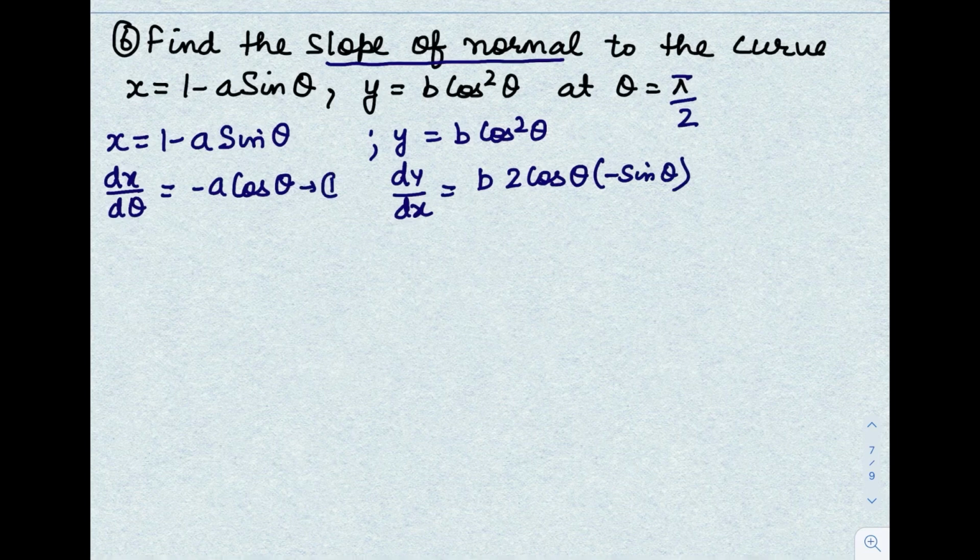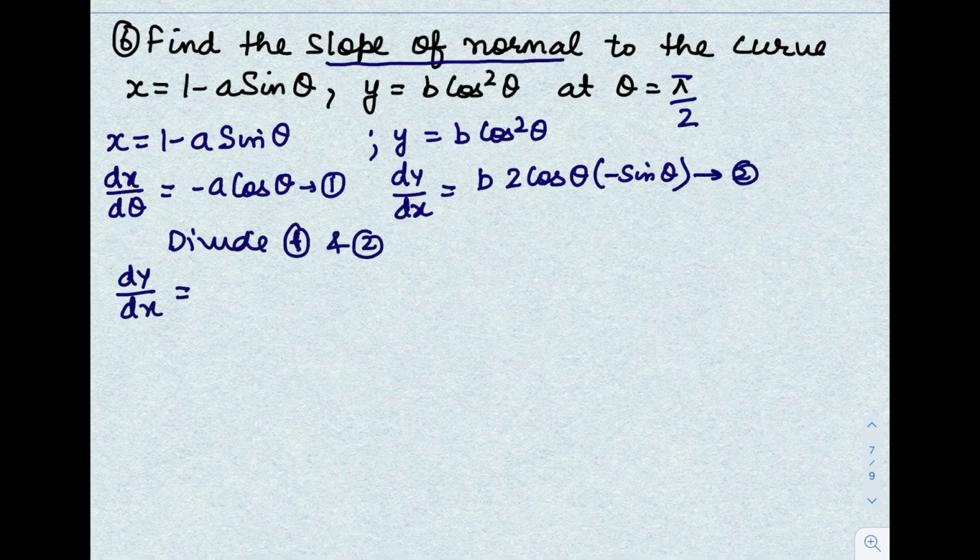Mark it as 1 and mark it as 2. If we divide 1 and 2, we will get LHS as dy by dx and this will be minus 2b cos theta into sin theta divided by minus a cos theta. Cos theta cancels with cos theta.